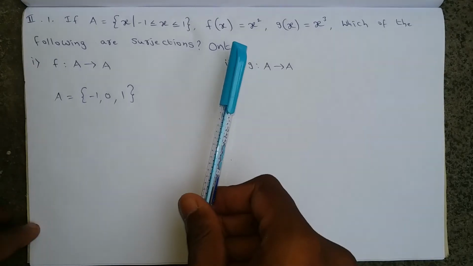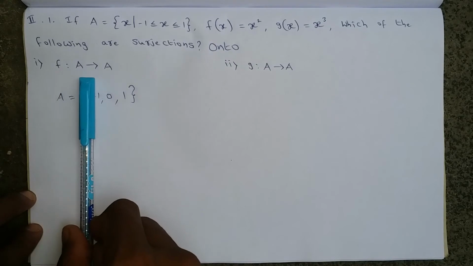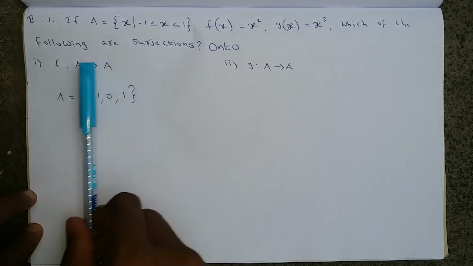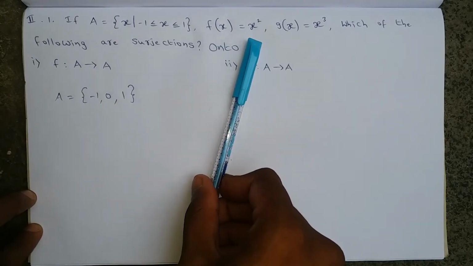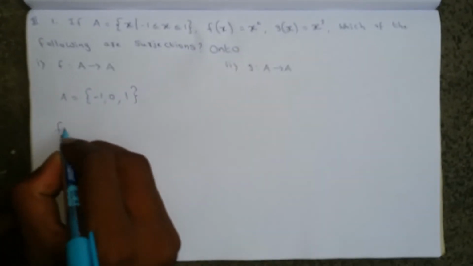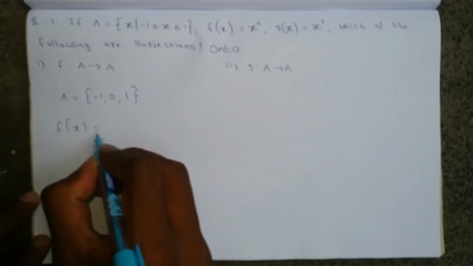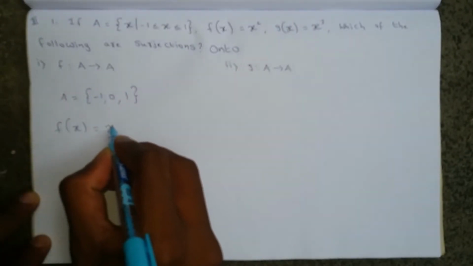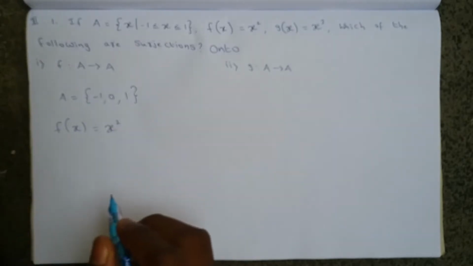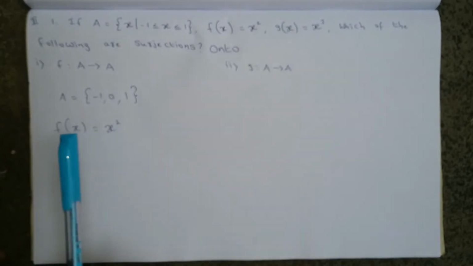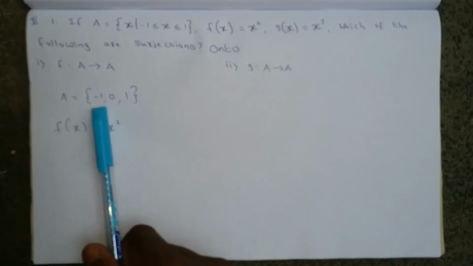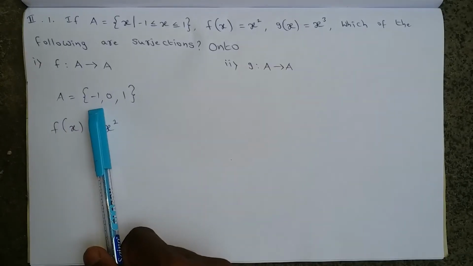Now let us do the first one. f is a function from A to A. So function f is defined as f of x is equal to x square. Now one by one I am substituting the elements. First I will substitute minus 1.